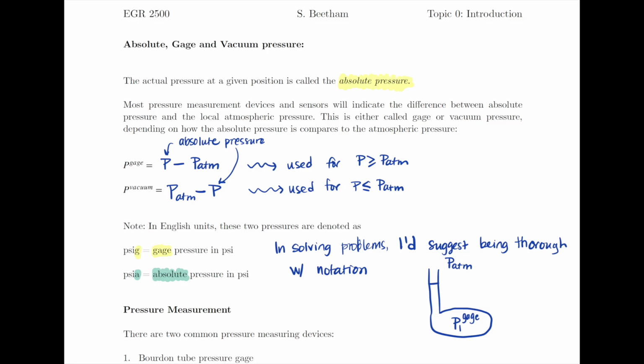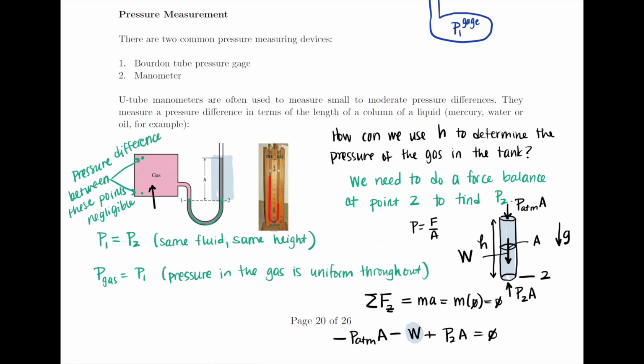There are two common ways to measure pressure. One of them is a board and tube pressure gauge, and the other is a manometer. I'm going to talk quite a bit about manometers to start with. The most common type of manometer that we'll encounter is a U-tube manometer, and these are used to measure generally small to moderate pressure differences. They work by essentially changing the height of a column of water in a tube.